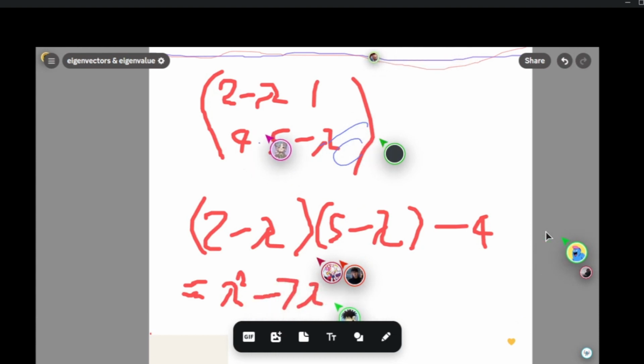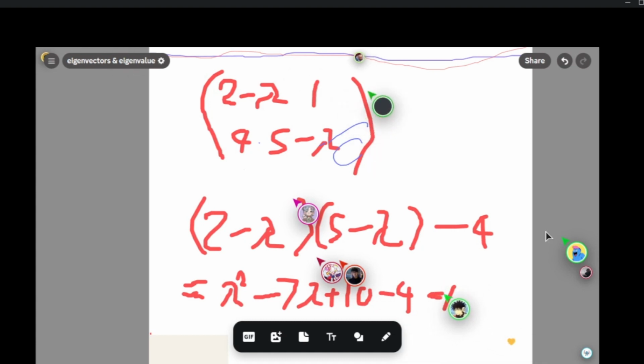I can't be bothered to explain this, because you probably all know it. Minus 4, which equals lambda squared minus 7 lambda plus 6. Alright, I should probably write with a smaller font size.